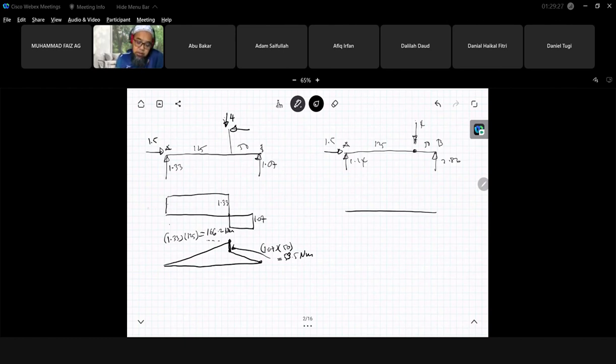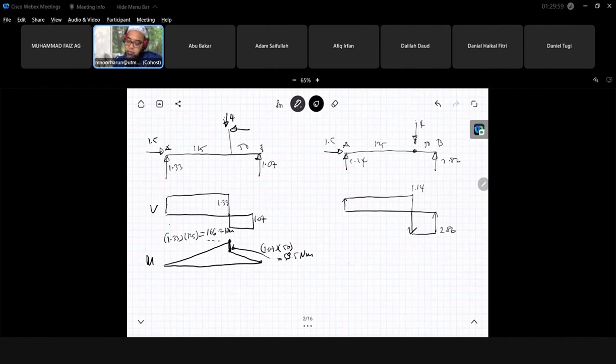So this shear diagram, this moment diagram, bending moment. So for this one, 1.14 times, 1.14 here, then this is 2.86.